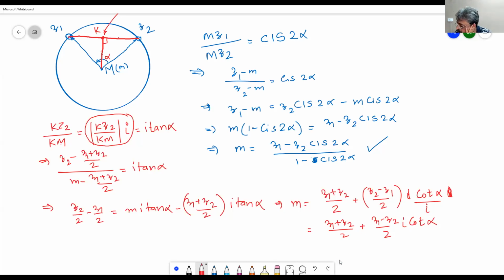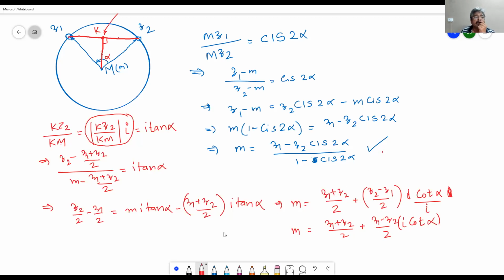Is that fine? This is the same as that. There is no difference between these two, because if you clear the denominator, multiplying it with a rationalizing factor, you can get this. We have found it in two different ways, and both answers are correct. Maybe it is wise to remember one of them.